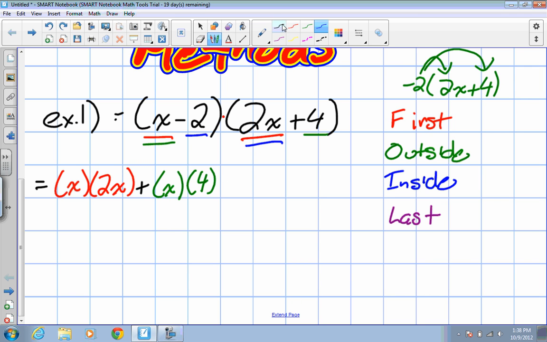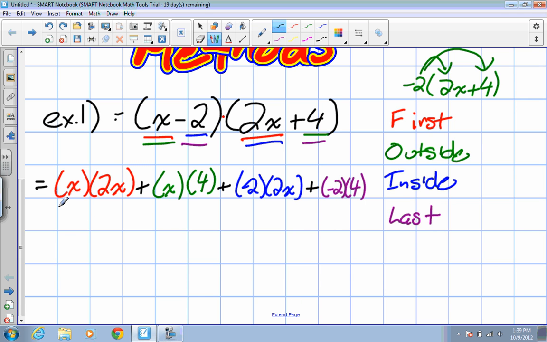Sorry, we should be multiplying them. -2 times 2x. And finally, the last step to this is known as multiplying the last terms in each bracket, which are -2 and +4. Okay. So we've color-coded them all. Wait till the end, and we'll go through it all, okay? We've color-coded them all, and essentially the process is to multiply them.